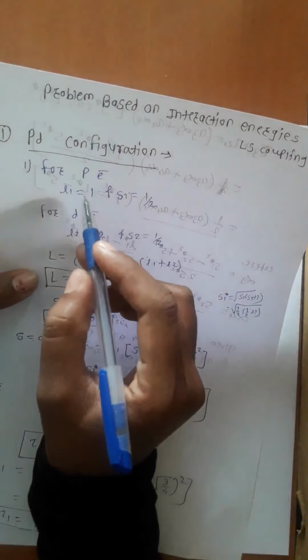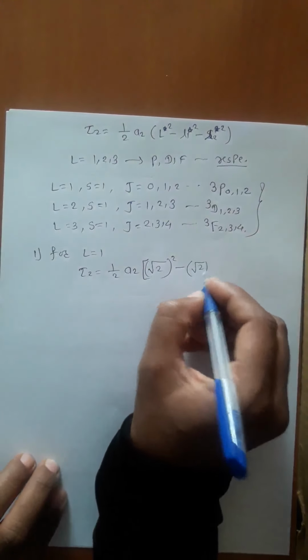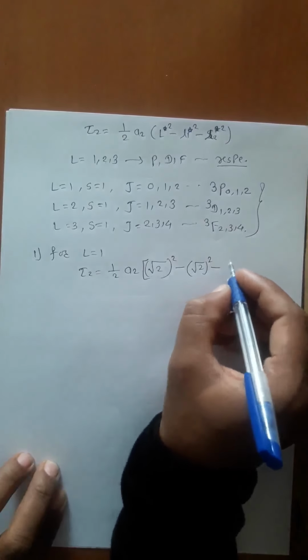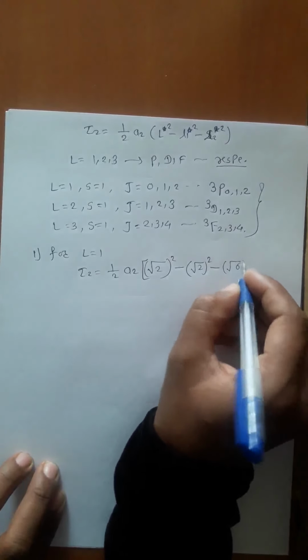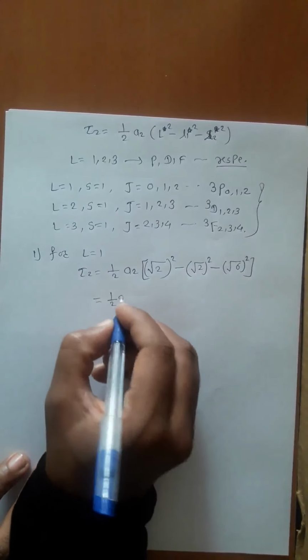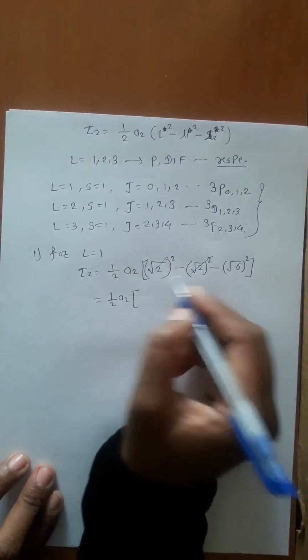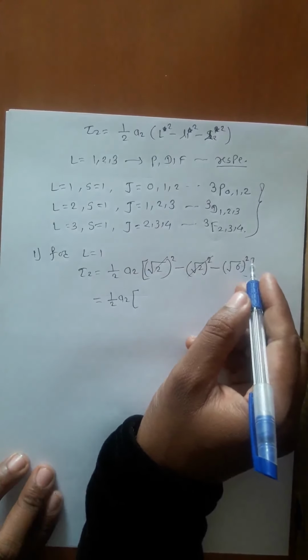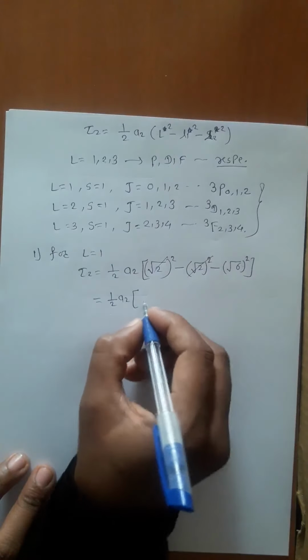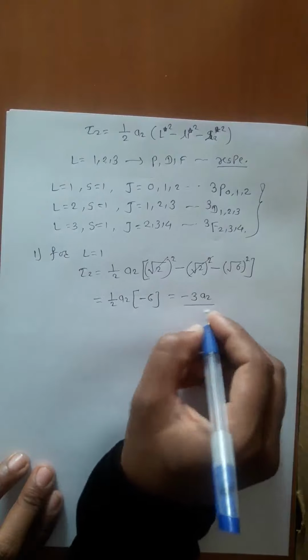L1 star is 1 and L2 star is 2. Therefore root 2 square and 2 into 2 plus 1, root 6 square. This is equal to 1 upon 2 a2 into root 2 square, minus root 6 square. This will be 2 minus 6, which is minus 4, so it is equal to minus 2 a2.